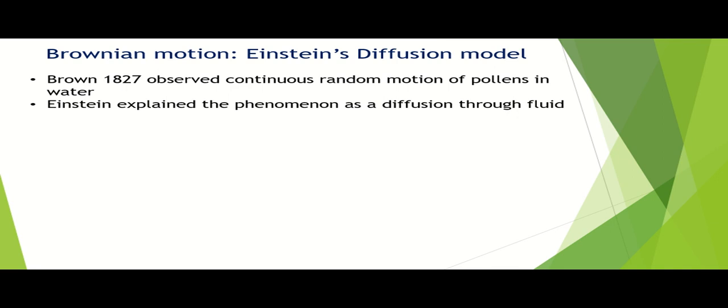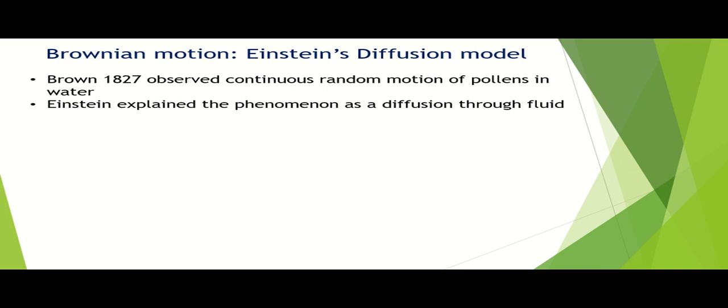So Einstein tried to understand it, of course, maybe around 70-80 years after Brown. He tried to understand this phenomenon as a diffusion process. He modeled the process as a diffusion process of these particles in the fluid.